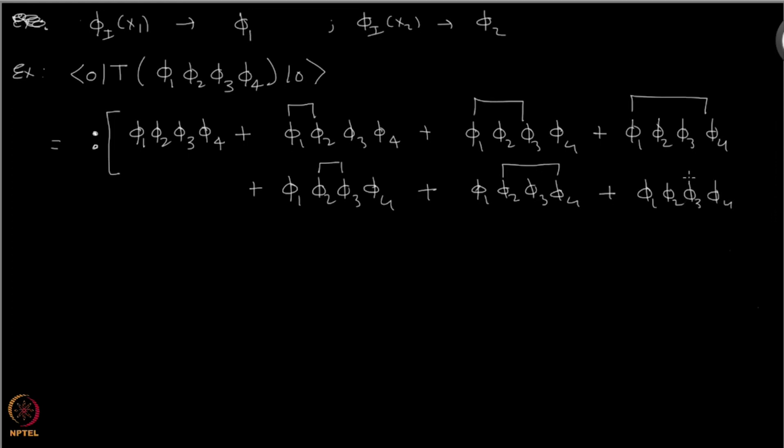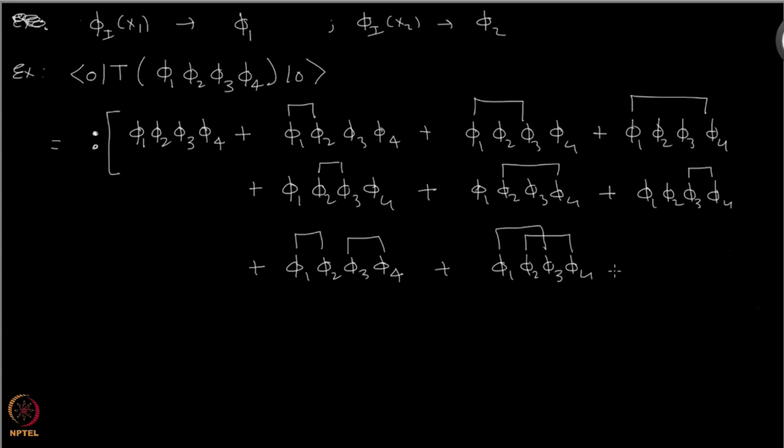Then you can have 3 contracted with 4, plus one with 2 and 3 with 4, one with 3 and 2 with 4, one with 4 and 2 with 3, and this entire thing is normal ordered.